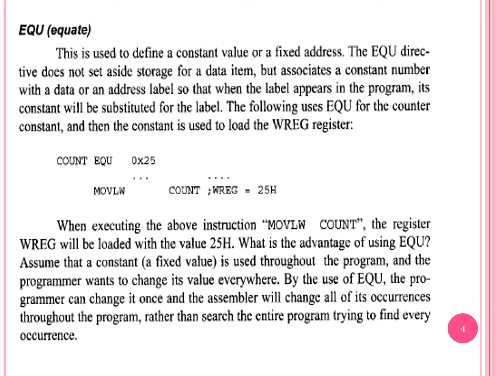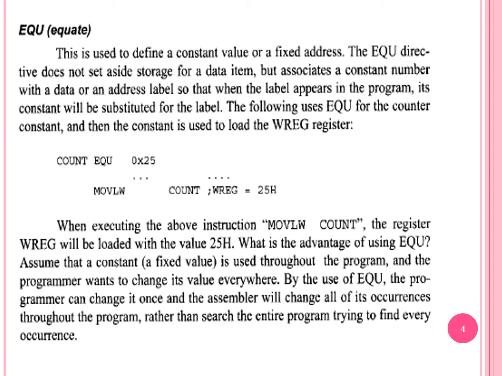Below that, I've written a small instruction, MOVLW count, WREG. W is our working register, and there it will load the value which is stored by means of one name, that is count. So when executing the above instruction MOVLW count, the register WREG will be loaded with the value 25.